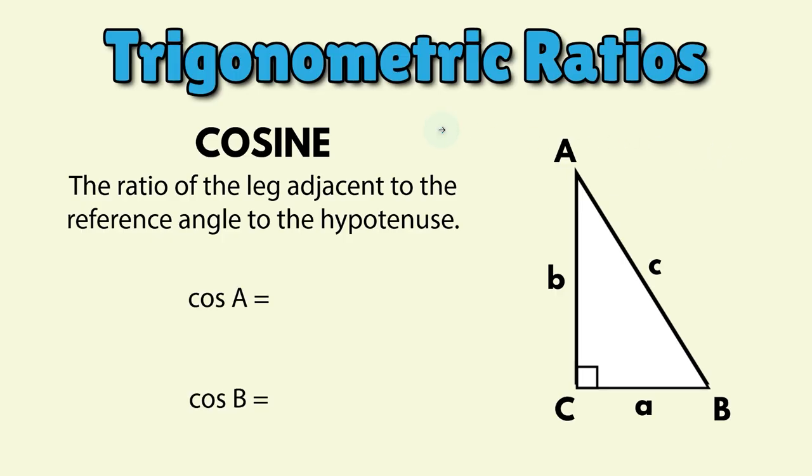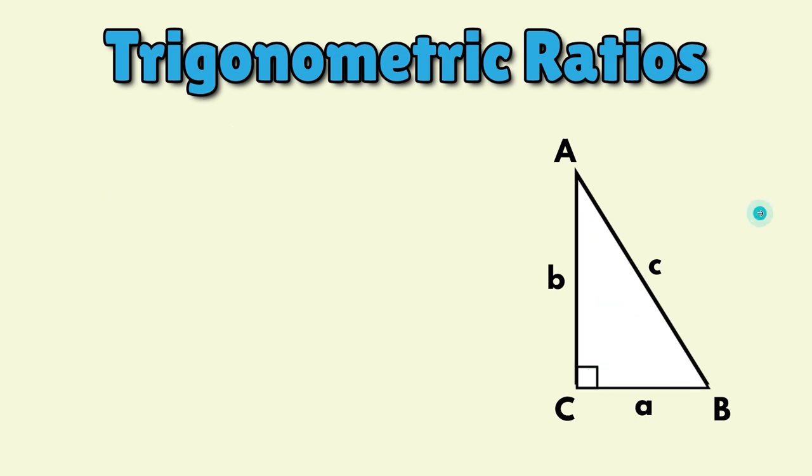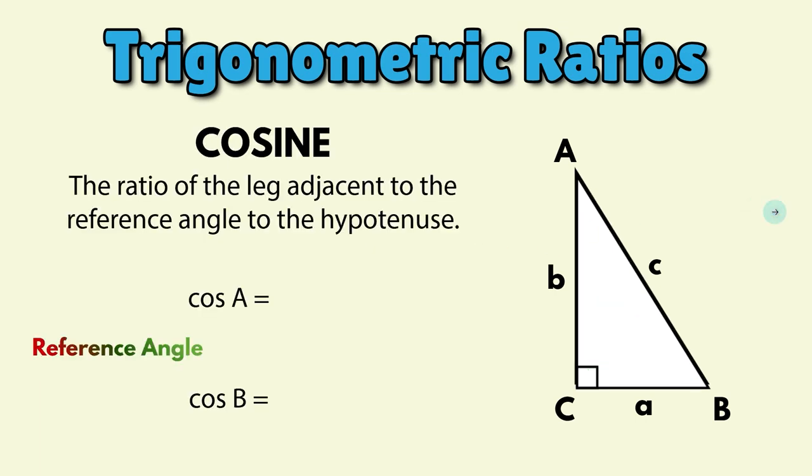Again, they could ask us for cosine of A or cosine of B. Our reference angle for the first one is A, cosine A. This time it's going to be the leg adjacent to the hypotenuse. So in this case, it'll be b over c for cosine of A.